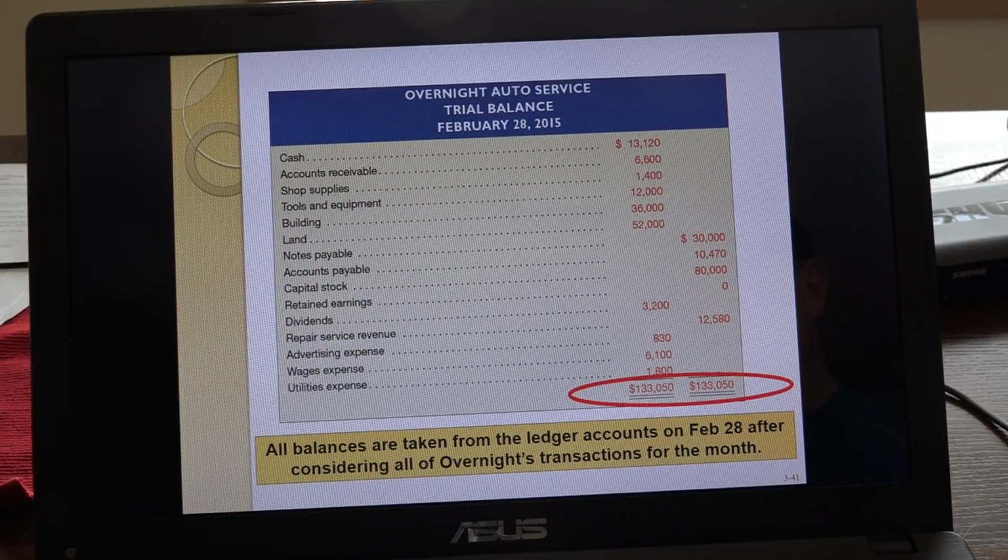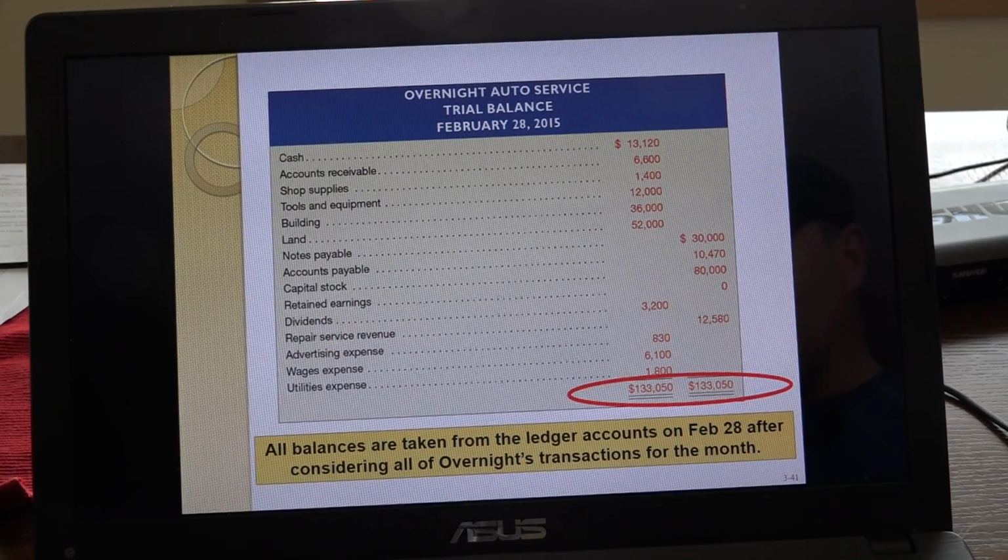Now, what does this not do? Assuming that all debit accounts and all credit accounts equal each other, meaning the bottom line number is equal on both sides, what does that not mean?